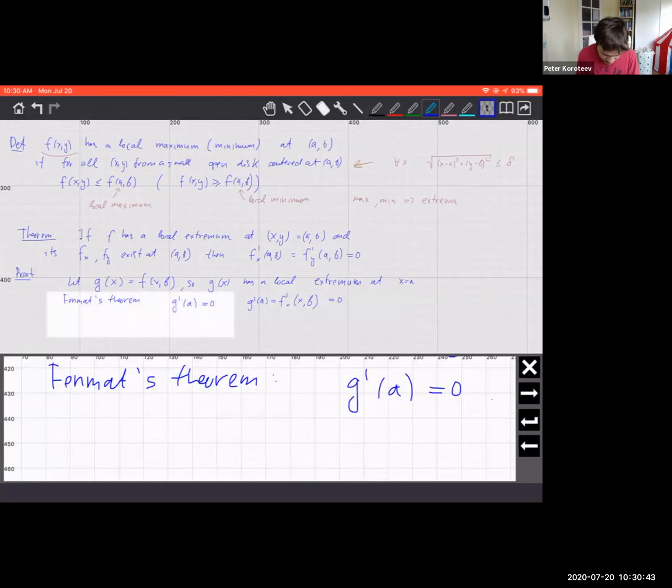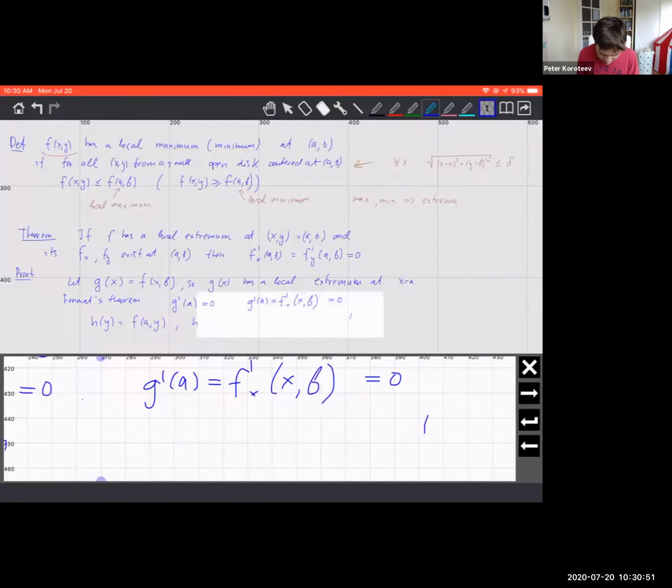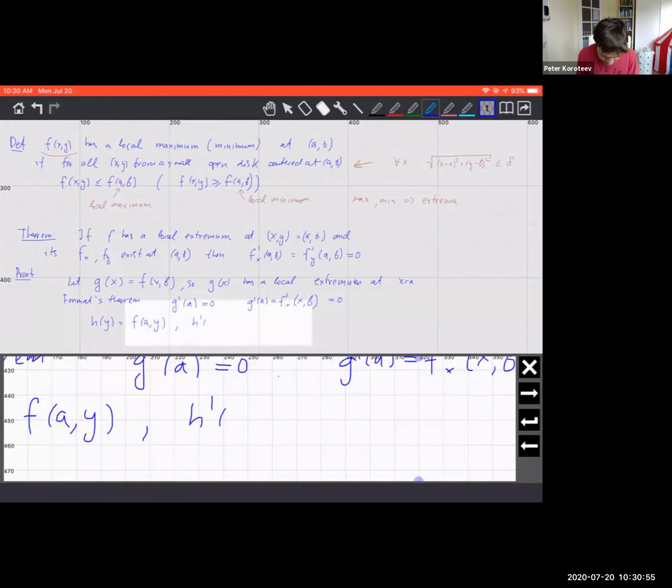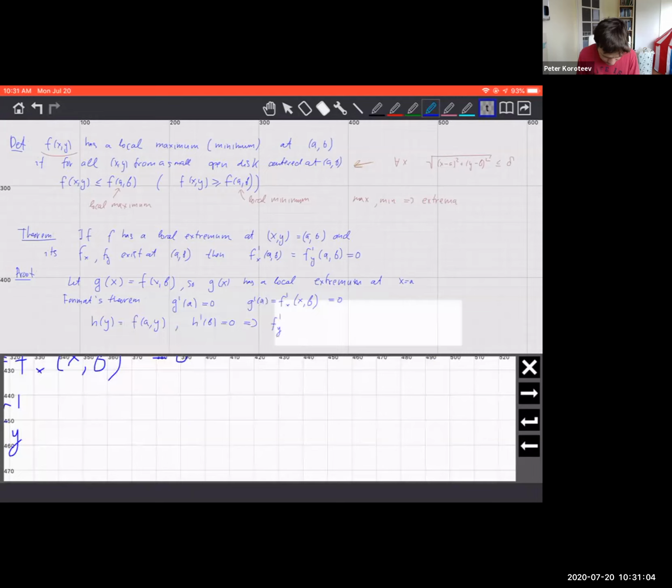And analogously, you can put a function h of y, defined as f of a comma y, and then it would follow from Fermat's theorem that the derivative at y equals b is equal to 0, which implies that the partial derivative with respect to y at (a, b) is equal to 0. Okay.